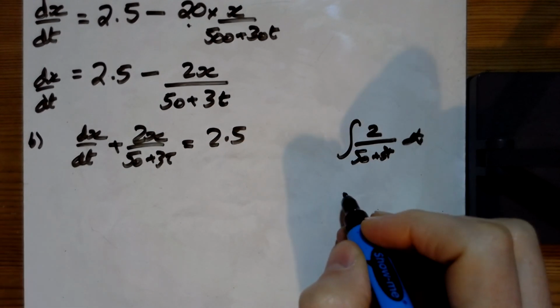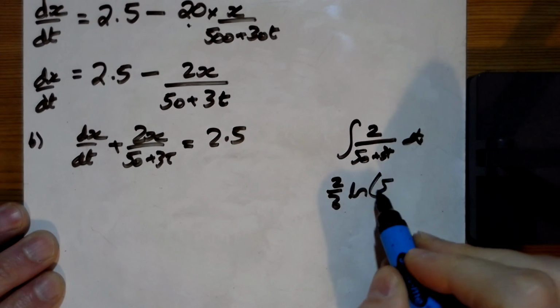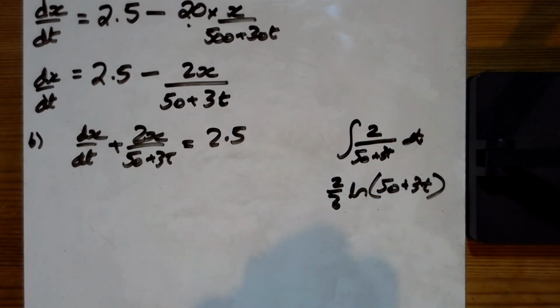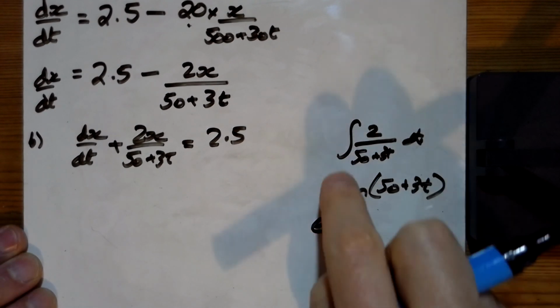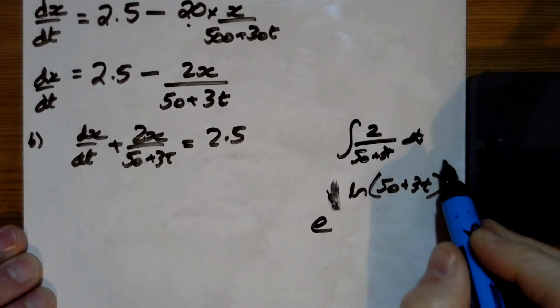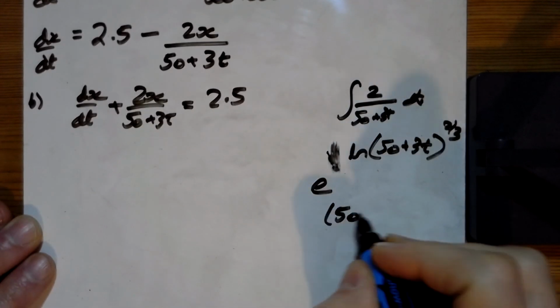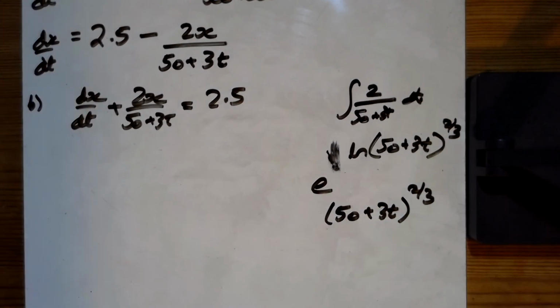That integrates to give 2/3 the ln of 50 plus 3t. And my integrating factor is going to be e to the power of that. So if I put the 2/3 up the top there, my integrating factor is going to be 50 plus 3t to the power of 2/3.